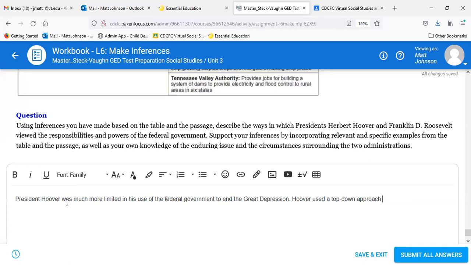So Hoover used a top-down approach to resolve economic issues.